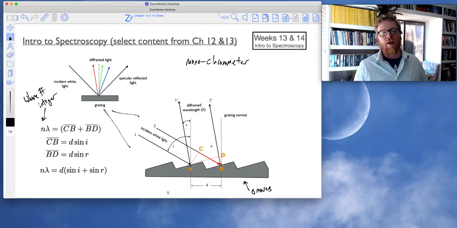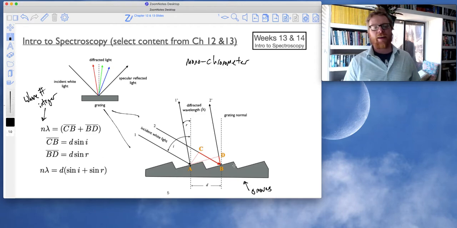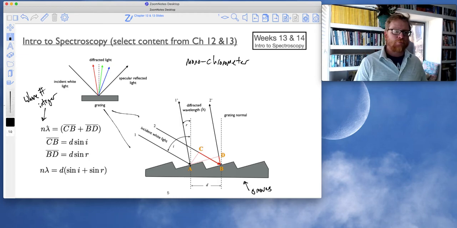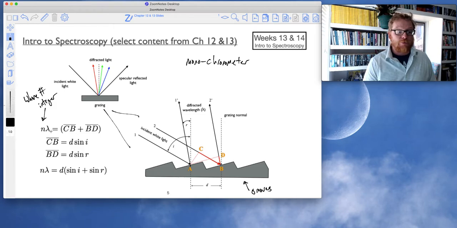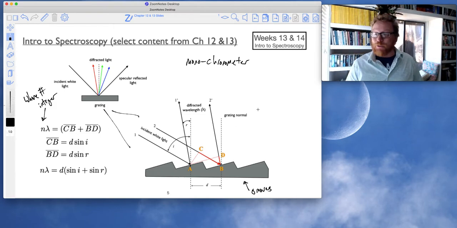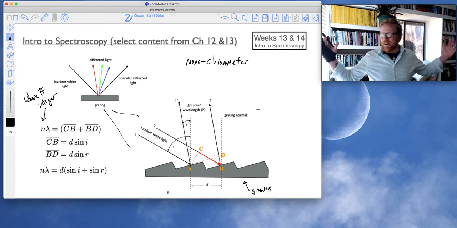So for example, if I want to get a wavelength of 500 nanometers, okay, I could use any integer multiple of that 500 nanometers. So it could be 500 nanometers for n is 1. It could be 1,000 nanometers. It could be 500 meters if we wanted to. That would be a huge grating, right?